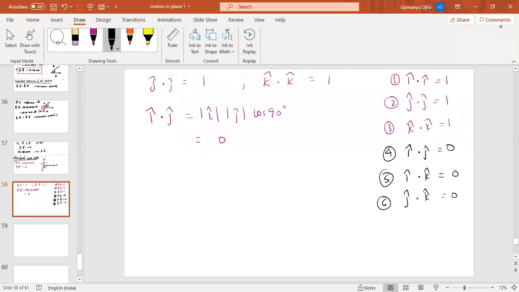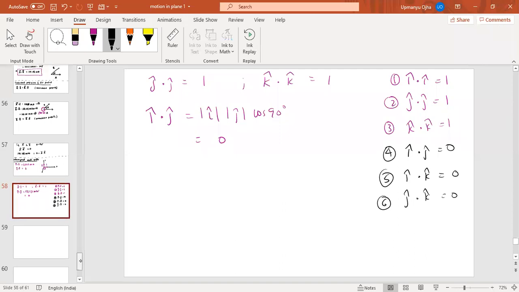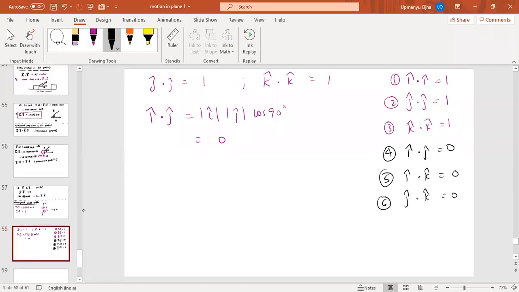These 6 results you have to remember. I hope you understand why it is 0 here: the angle between I and j is 90 degrees, the angle between I and k is also 90 degrees, and the angle between j and k is also 90 degrees.